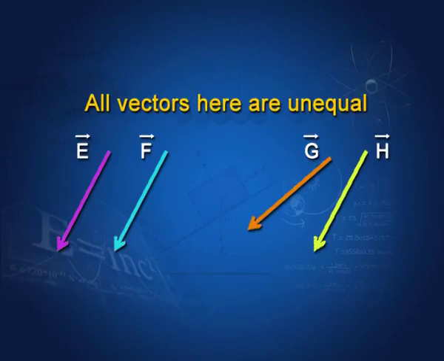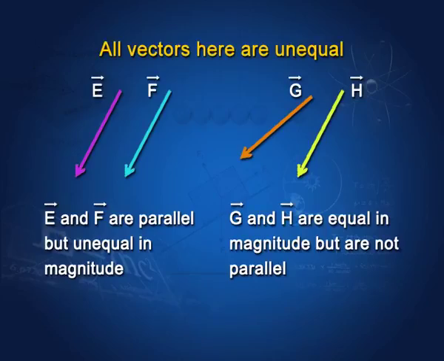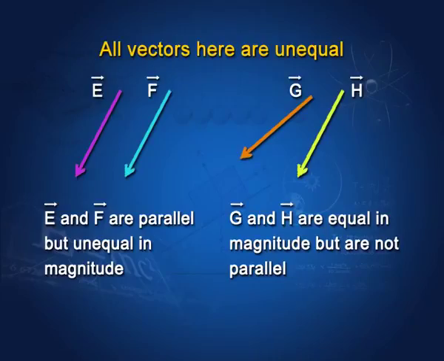All vectors here which I have shown are unequal. Why are they unequal? Let us remember the definition of an equal vector. Two vectors are said to be equal if they point in the same direction and are equal in magnitude. Here vectors g and h have the same magnitude, but they are pointing in different directions, and therefore, by our definition they are not equal.